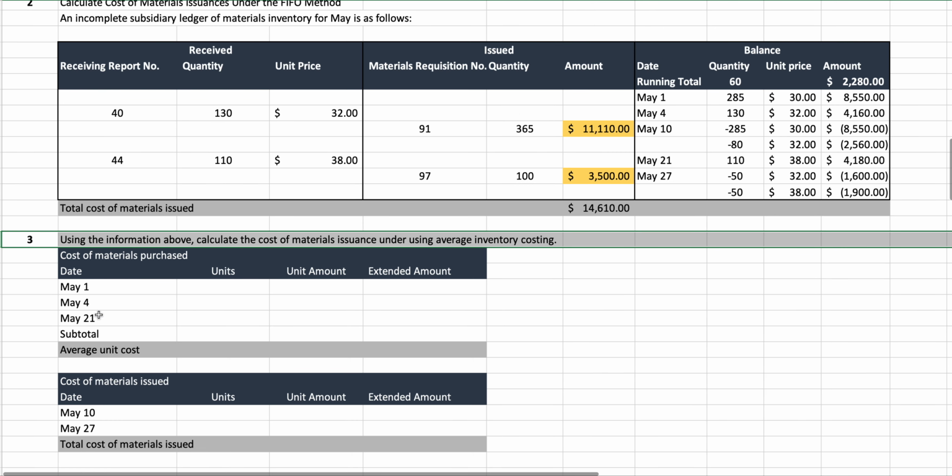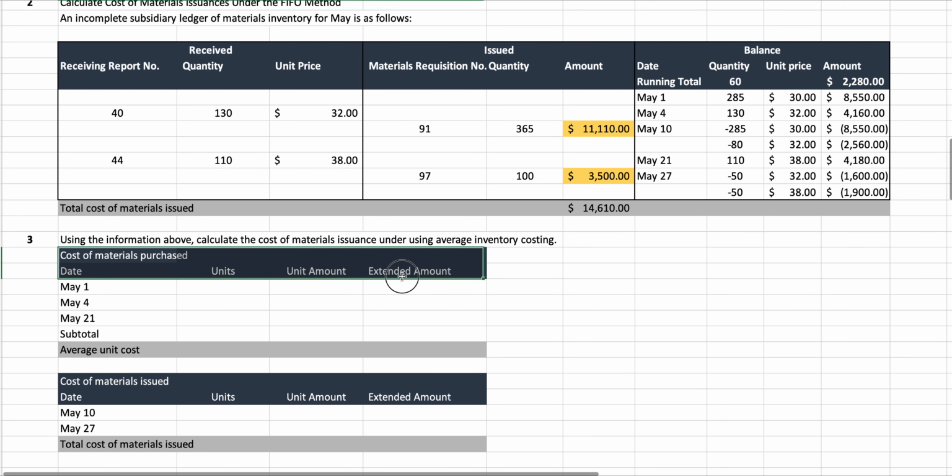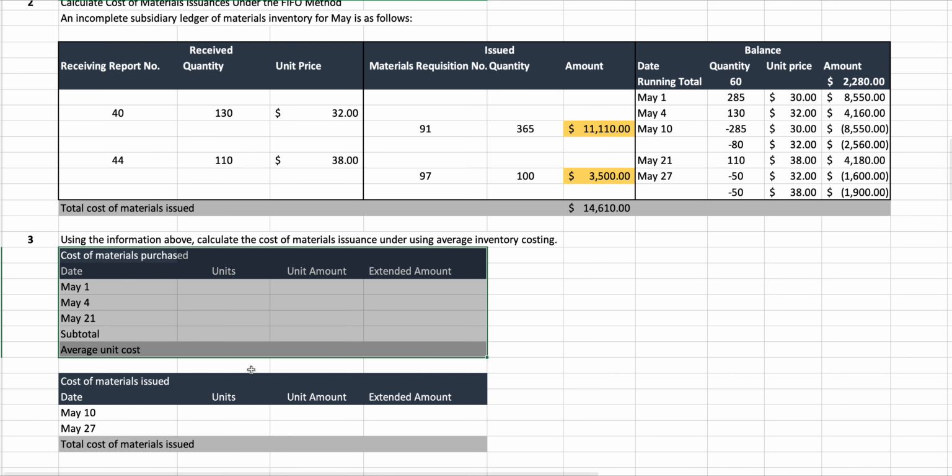So I went ahead and laid out two tables. One is the cost of the materials purchased, and the other is the cost of the materials issued. So on May 1st, we walked into the building and we knew that we had 285 units at $30 a piece for a total of $8,550.